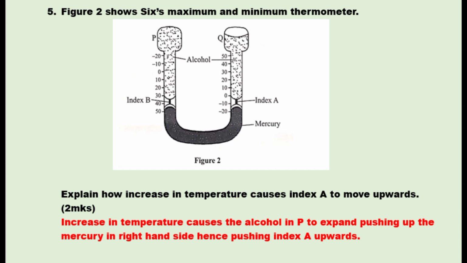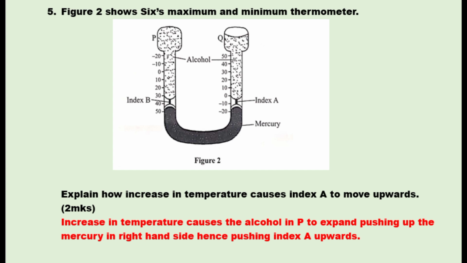So we've said increase in temperature causes the alcohol in P to expand. Remember, P is the one that is full of alcohol, where we have the bulb. So when there is a change in temperature, the liquid in P is the one that expands, because P is the bulb.